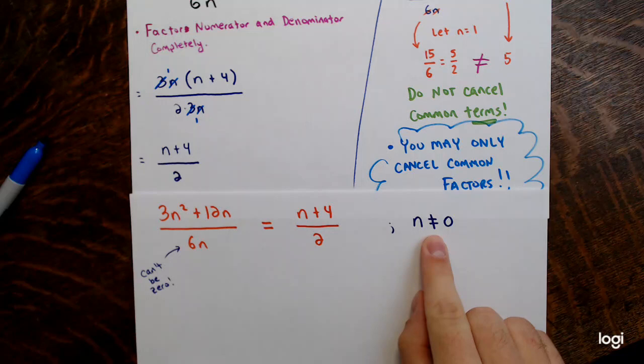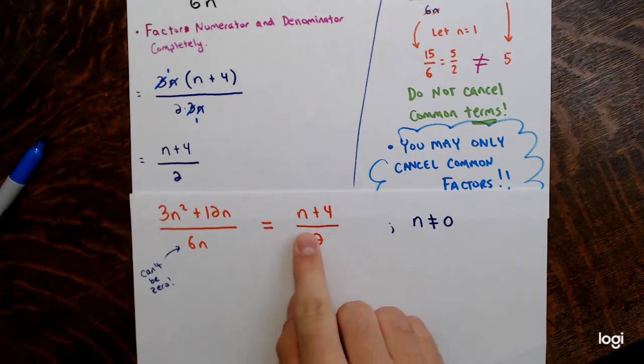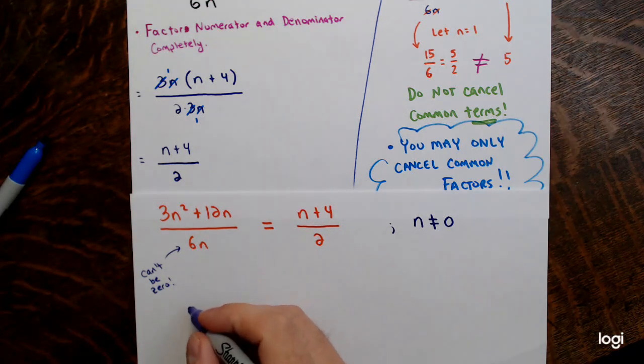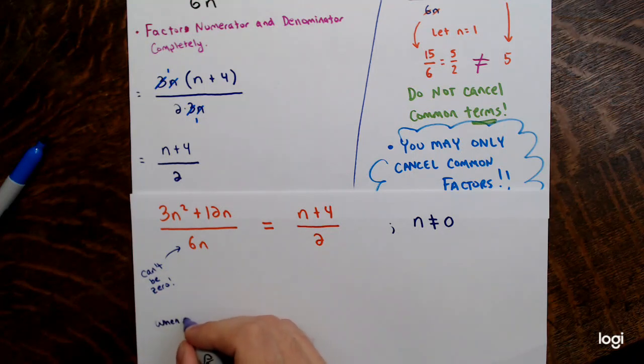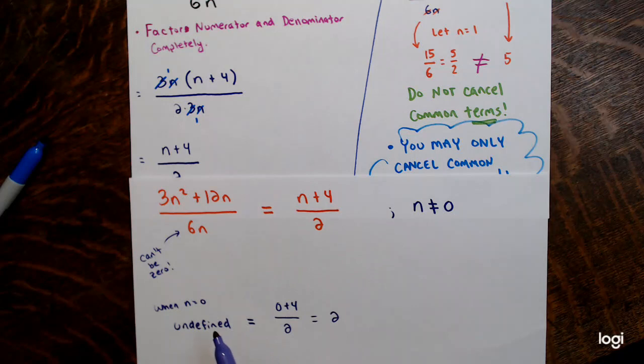When I plug in 0, this expression is undefined, but this expression is 0 plus 4 divided by 2. So when n equals 0, we get an undefined expression on the left side being equal to 0 plus 4 divided by 2, which is 2. How can something that doesn't have a value be equal to 2?